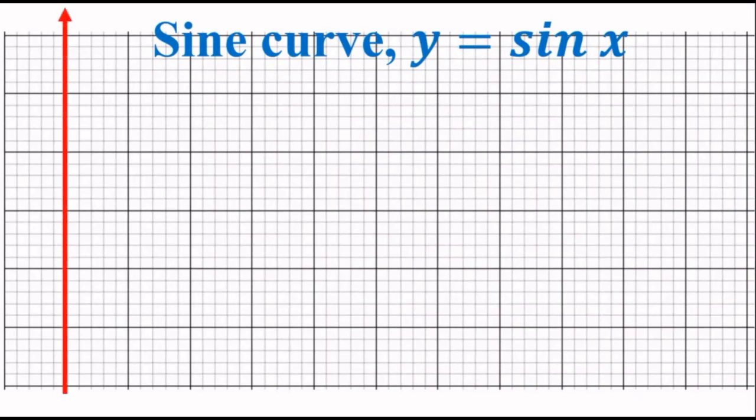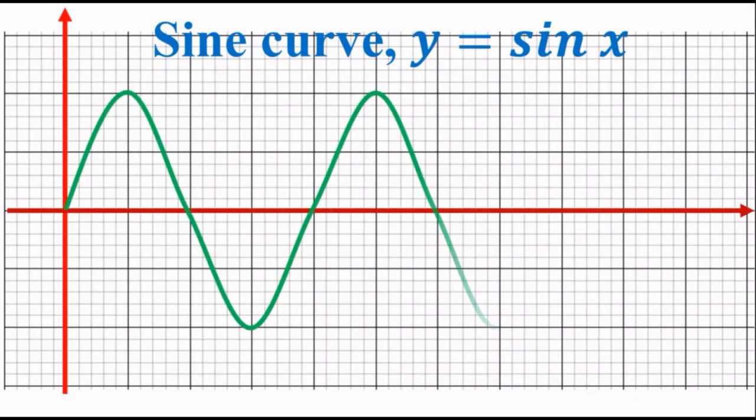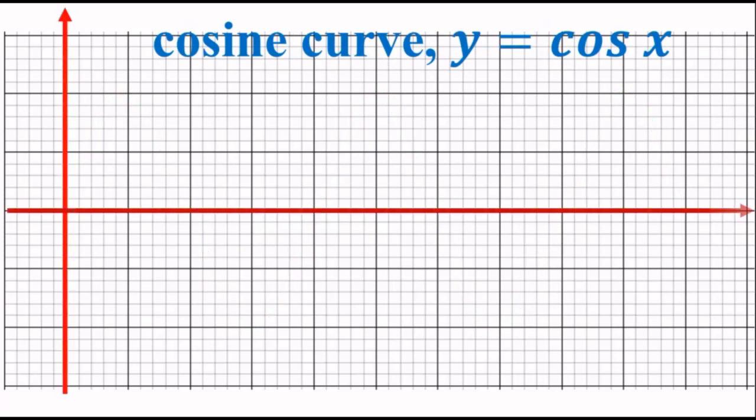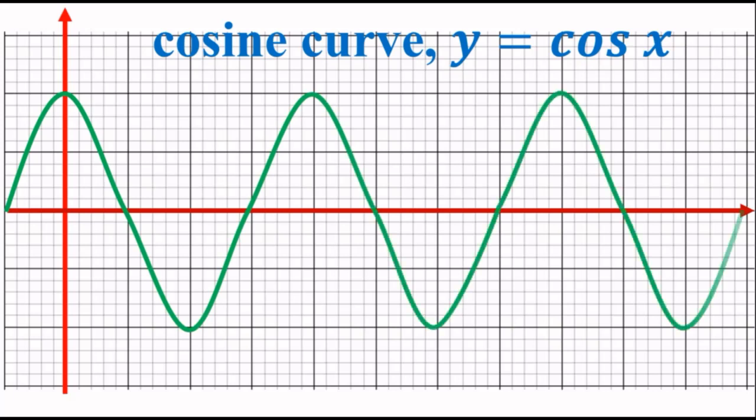By the end of this tutorial, we'll know how to draw a sine curve. That's a wave. Then from there you'll be able to draw a cosine curve also, and then finally you'll be able to draw a tangent curve.